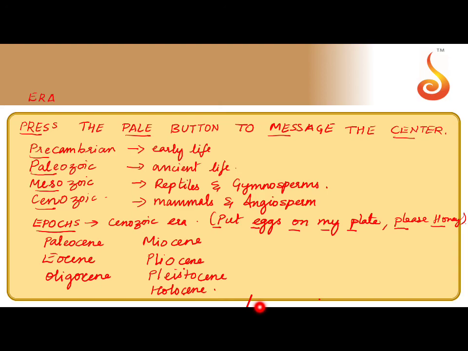So, simple again, as I told, P from put, E from eggs, O from on we see as Paleocene, Eocene, Oligocene, M for Miocene, PL for Pliocene, PLE for Pleistocene and HO for honey. So, this way we can remember easily the complete geological time scale.